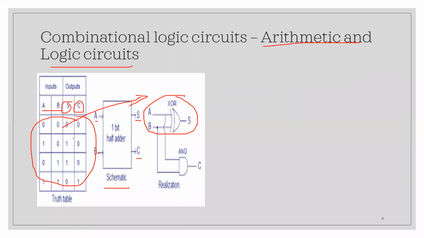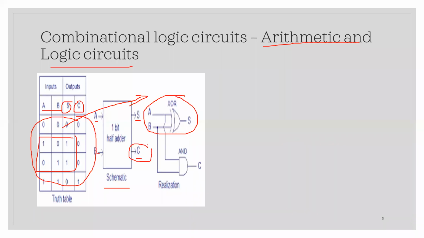If you observe the table, you can make it out. Whenever both the inputs are 0, the sum is 0. Whenever any one of the inputs is 1, the sum is 1, and when both the inputs are the same, in this case again it is 0. So this is the case for the 1-bit half adder you're considering. It turns out to be XOR, and this is the gate realization you have.